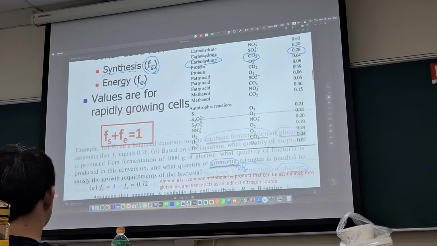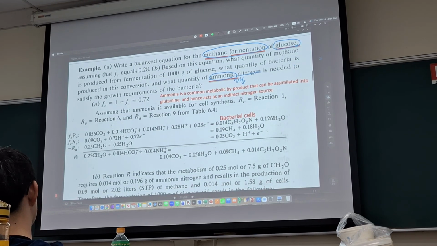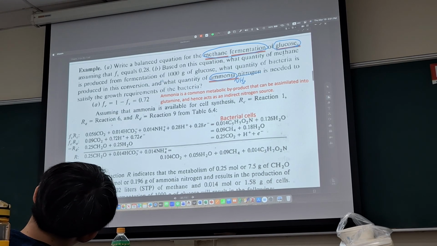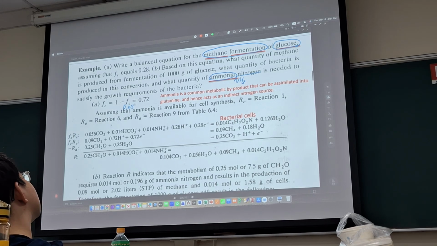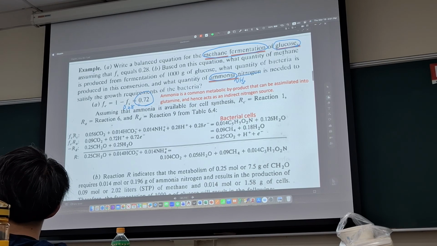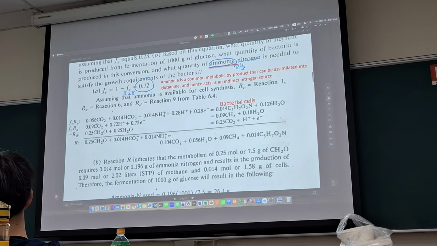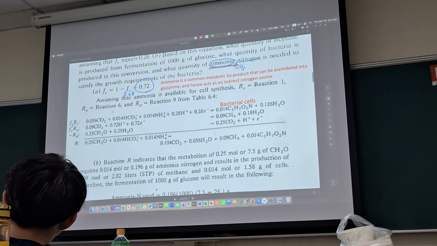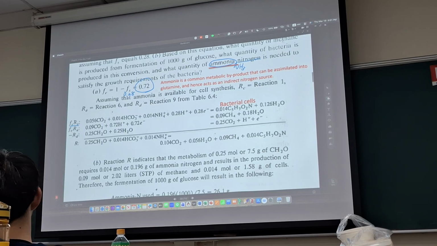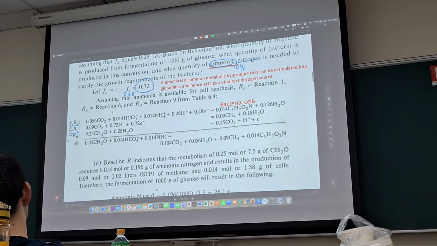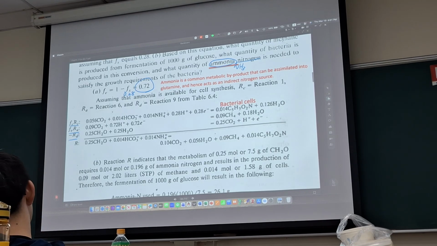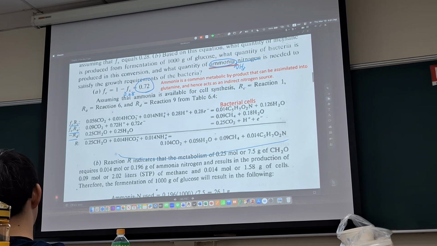If Fs is 0.28, then Fe is 1 minus 0.28, so we get 0.72. Then use something like Hess's law that you learned in general chemistry. This is Fs times Rc, this is Fe times Ra, this is minus Rd. You plug in everything here, and this is the final result.